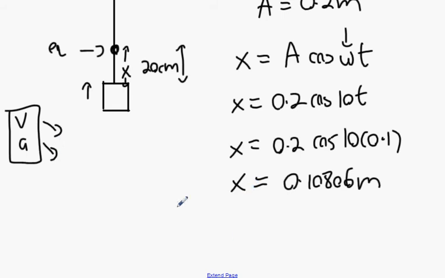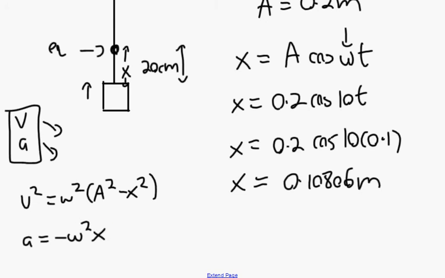Now, you go to your notes, and we now know what x is, so we have to find an equation that has v in it. The equation that has v in it is this: v squared equals omega squared, a squared minus x squared. The formula for a is minus omega squared x.